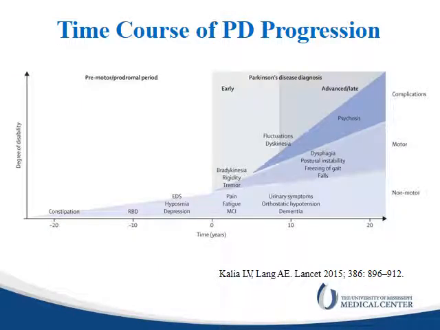A typical time course of Parkinson's disease can be tracked here. You can see the 0 means when the patient shows symptoms of bradykinesia, rigidity, tremor, and then usually the patient will be diagnosed around the time they show motor symptoms. But before the diagnosis, the patient may already have presented with non-motor symptoms, including constipation, REM sleep behavior disorder, hyposmia, depression, and excessive daytime sleepiness, for up to 20 years.